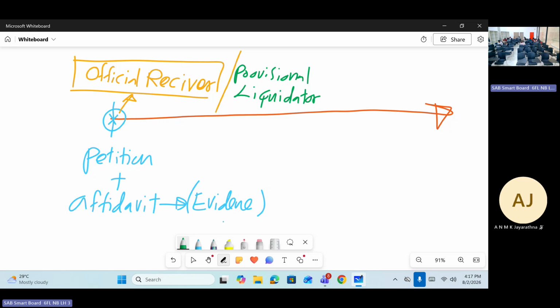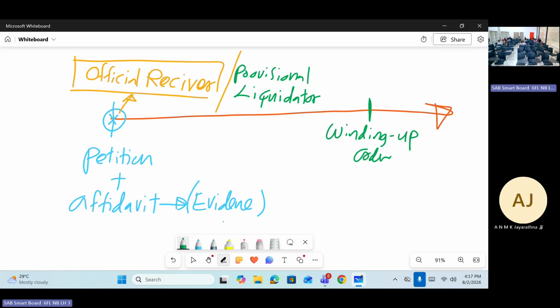Then thereafter, after considering the evidence given by the parties, the court will make a winding up order. After considering the evidence, the court can dismiss the matter or a winding up order can be made. Two things may happen.